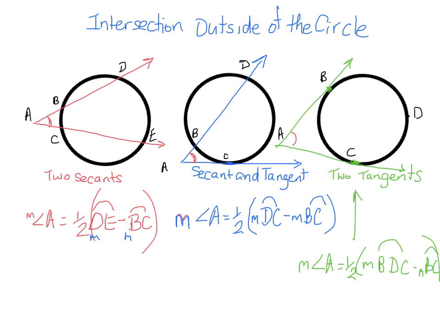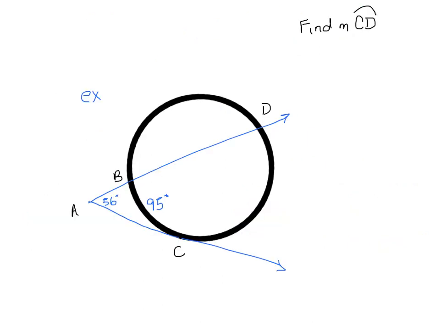So that's how this works, and we can take a look at an example and then we're done. In this example, we're being asked to find the measure of arc CD. We already know the measure of angle A, and we know that the measure of angle A is half the difference between the measure of arc CD, the bigger of the two intercepted arcs, minus the measure of the smaller arc, which is BC.